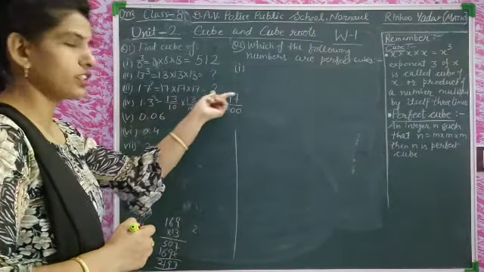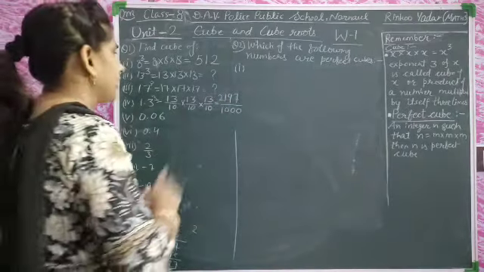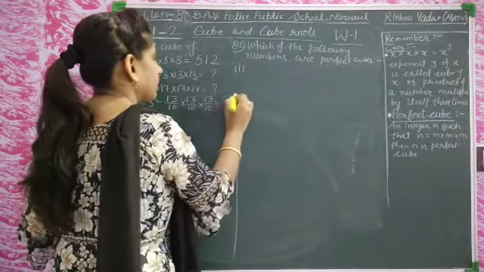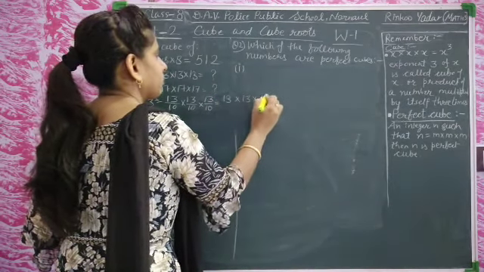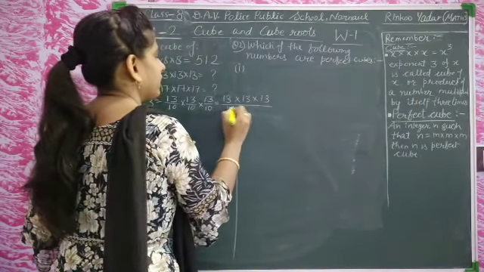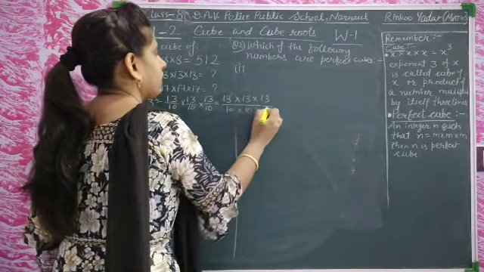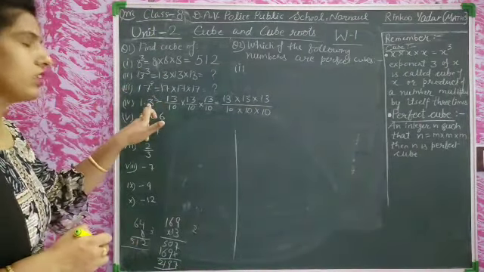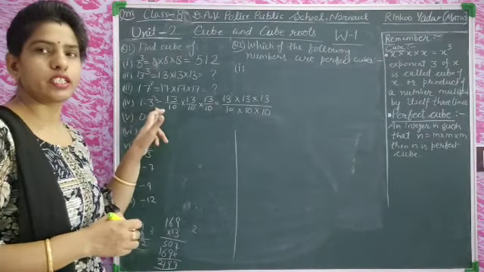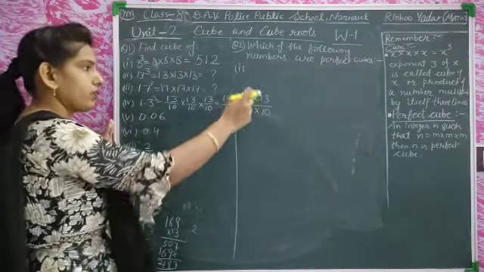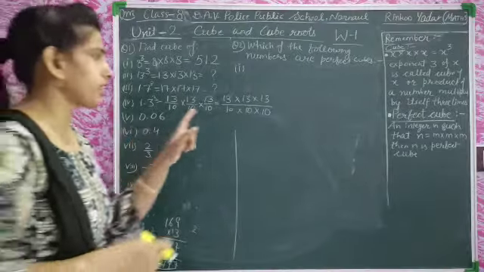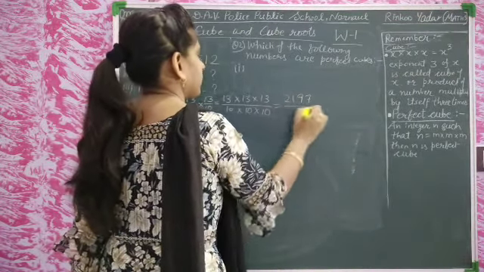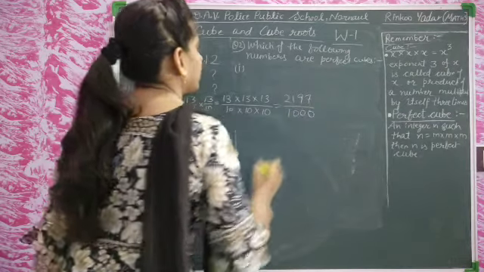Multiplying 13 into 13 into 13, we do it like this: 13 into 13 into 13 divided by 10 into 10 into 10. If we have to find the cube of any rational number, then we will use this property. So now it becomes 2197 divided by 1000.